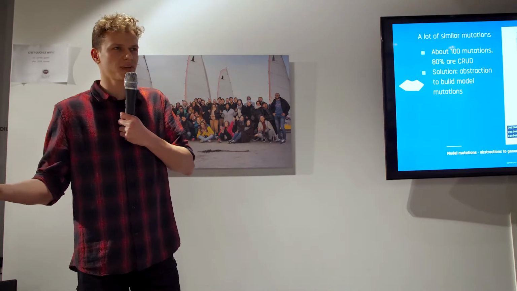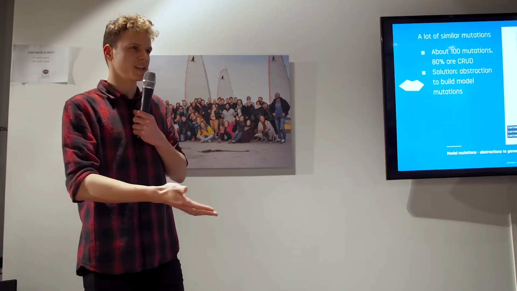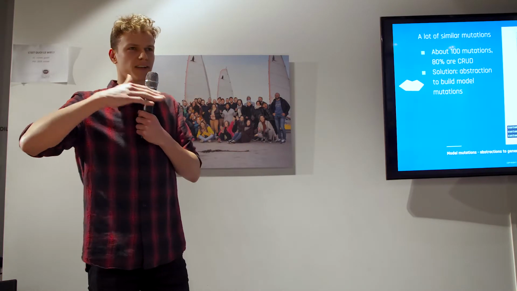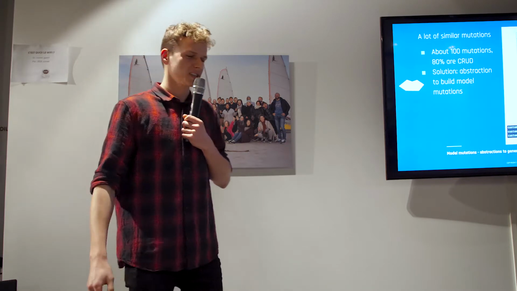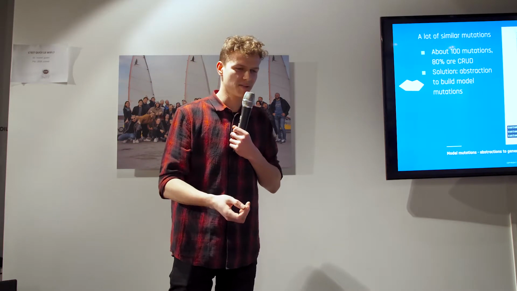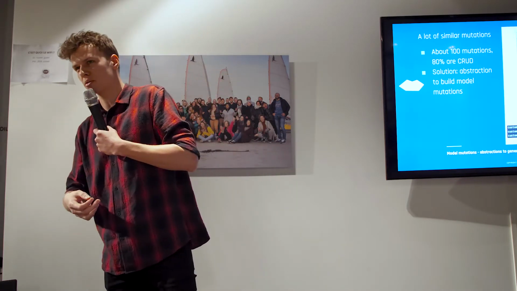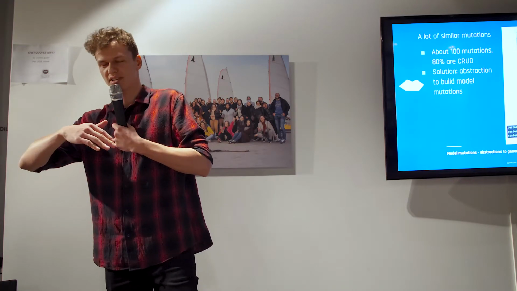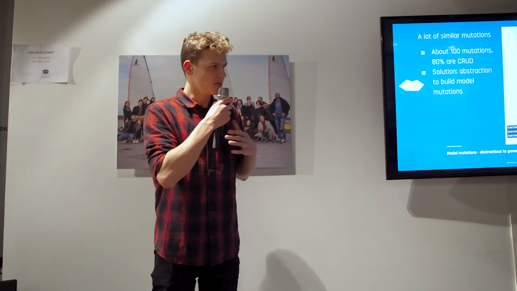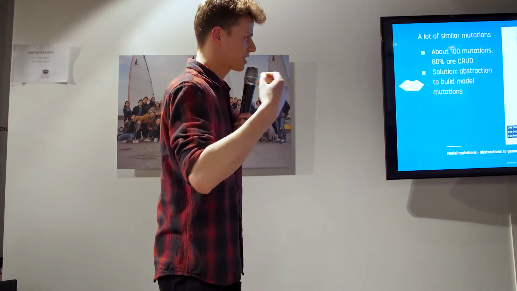So this is basically the same. If you build 10 mutations, you already see that they all look the same. This was also problematic, because I thought, okay, if we did something wrong in those 10 mutations, we have to fix all of them, and we are repeating ourselves.